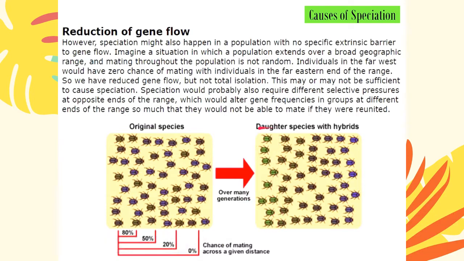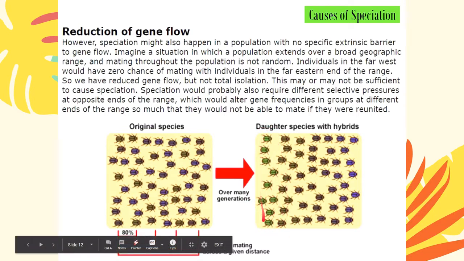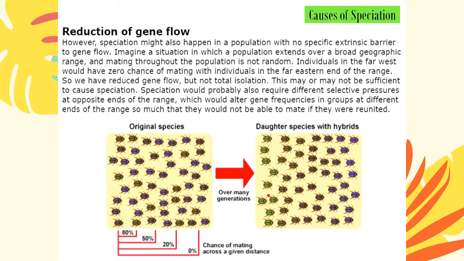Okay, that's why Filipinos will look different from someone from the Middle East, and we look different from Europe and all that, because we tend to reproduce with or mate with those who are closer to us. We have higher chances of mating with those who are closer to us than those who are farther apart.